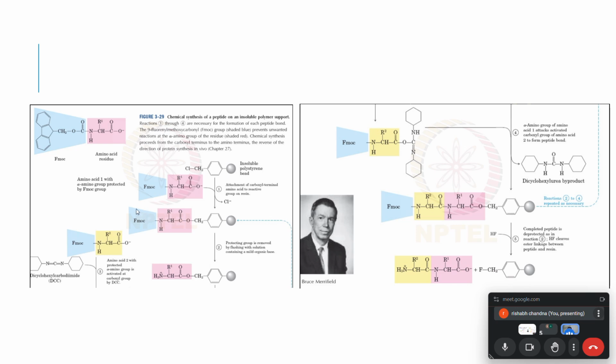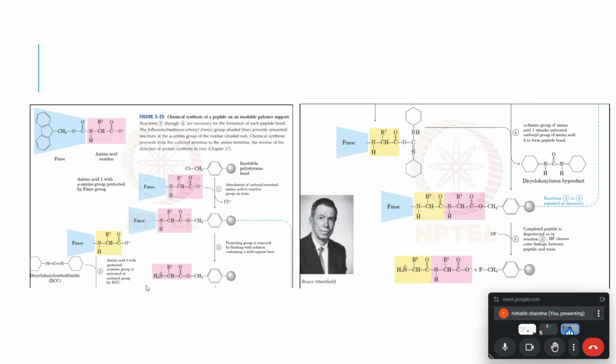So this FMOC is removed, and only the first amino acid remains. Now FMOC reacts with another amino acid, and DCC, dicyclohexylcarbodiimide, helps in the reaction.